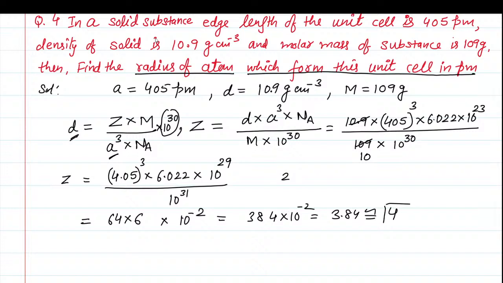That means Z is 4, so it is an FCC lattice.